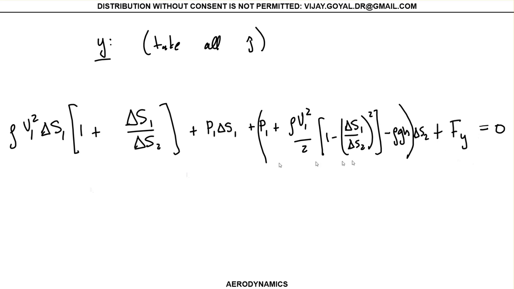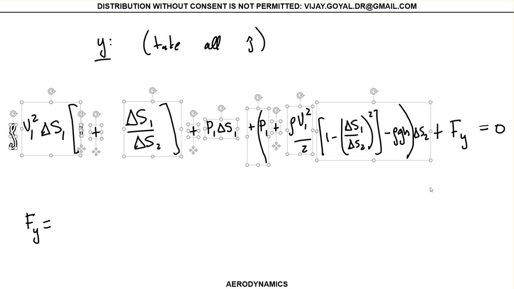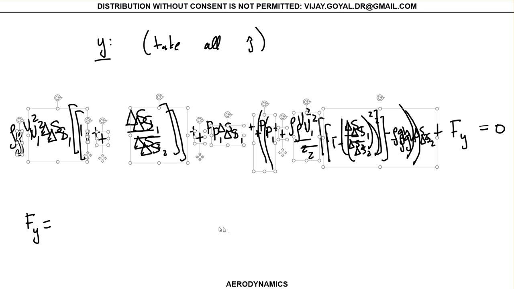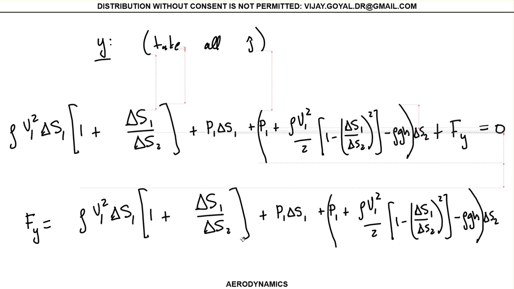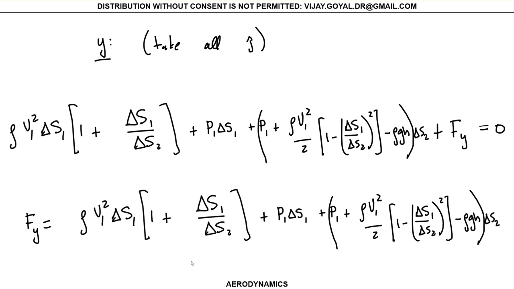So f y is equal to this whole expression that I have here, but it will be with a minus sign, right? Because I'm taking it on the other side. Okay, so this is minus, this is minus, and this is minus.